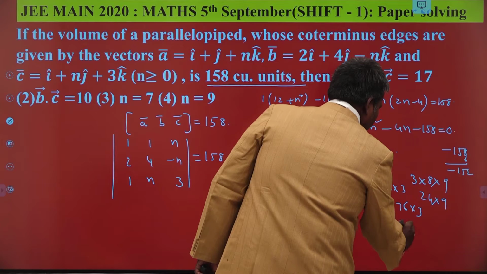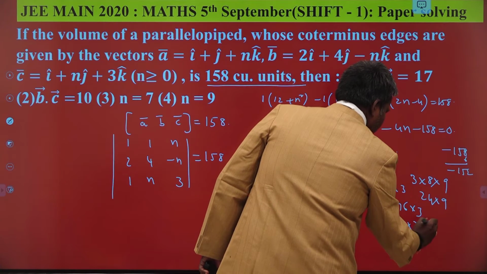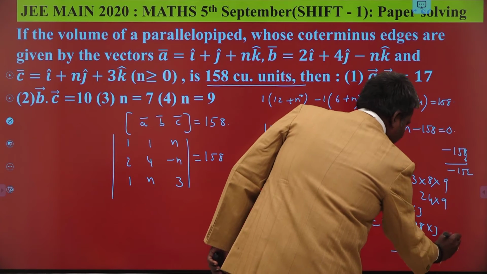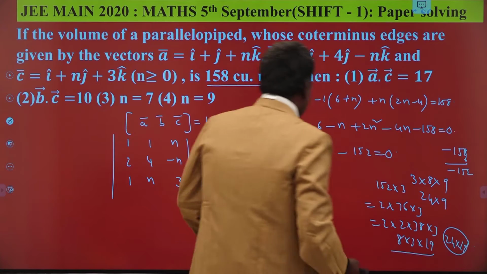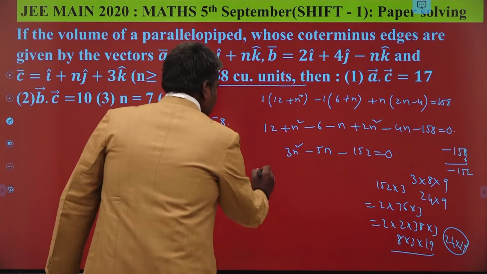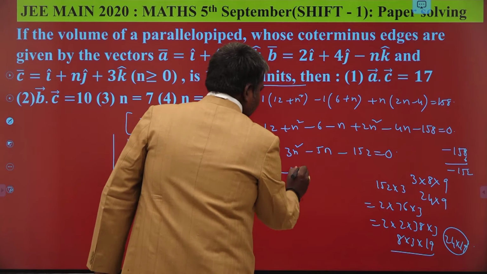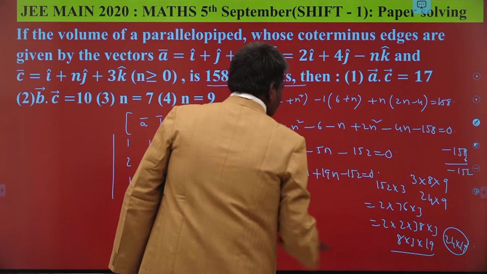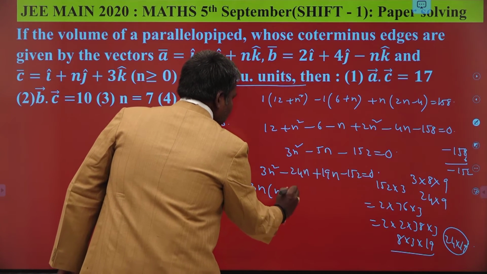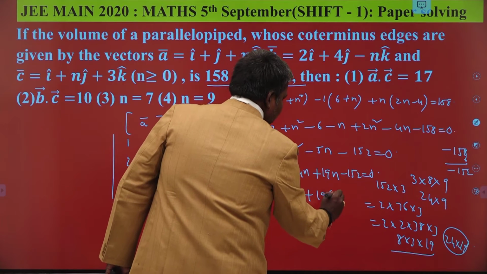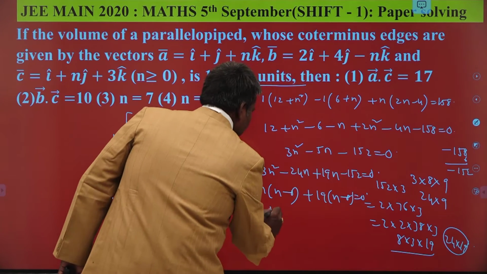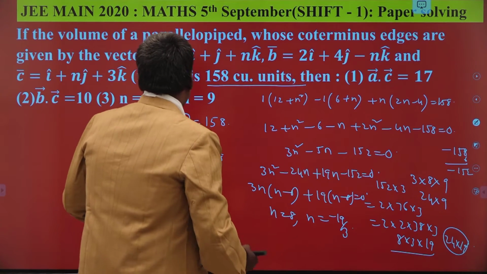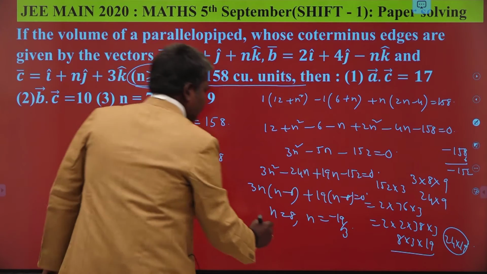That is 2 into 2 into 2 into 19, so 24 into 19 is nothing but our product. This can be written as 3n square minus 24n plus 19n minus 152 equal to 0. So 3n into n minus 8 plus 19 into n minus 8 is equal to 0. So either n is equal to minus 19 by 3, but n is greater than or equal to 0. That is why your n value is 8.